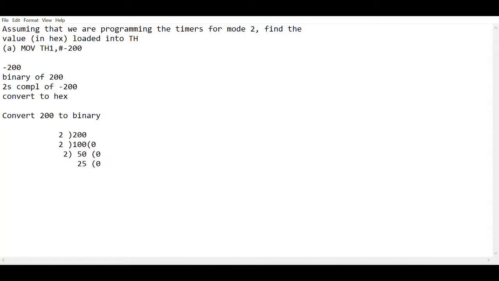Again 25 is divided by 2. The remainder is 1. So 12 is again divided by 2. So that will be 6.